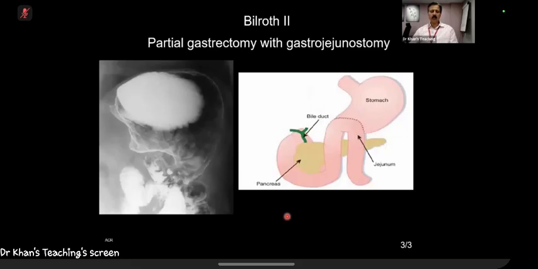Please remember that peptic ulcer disease was one of the major healthcare issues of the world till the 1970s, 80s. There were so many patients who had surgeries, so common to have surgeries. Now, we have got medicines to control all of this.